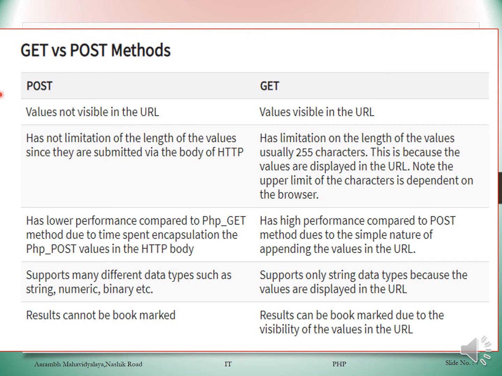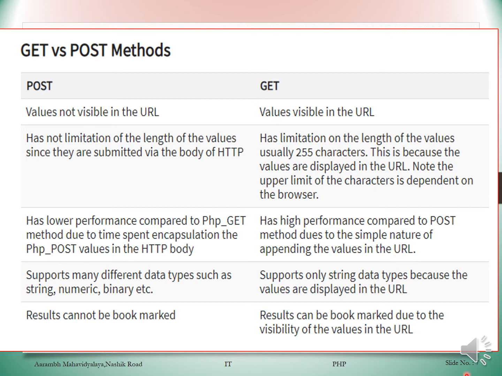Then the third point: the post method has lower performance compared to the PHP get method due to the encapsulation of the PHP post values in the HTTP body. Here get has higher performance as compared to the post method, and post has lower performance as compared to the get method.